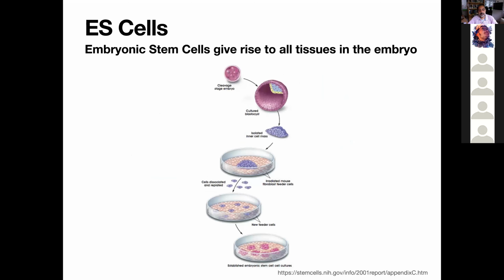In effect, and this is the same for both human and mouse ES cells, you isolate the inner cell mass of the blastocyst embryo. Can anyone remind me what the inner cell mass is of a mouse embryo or a human embryo?